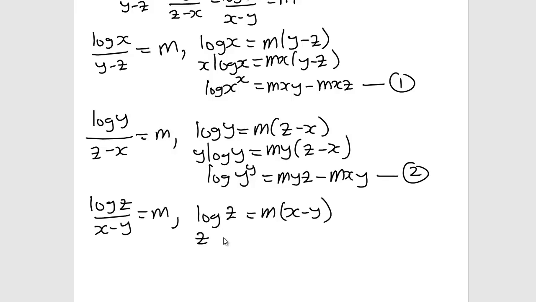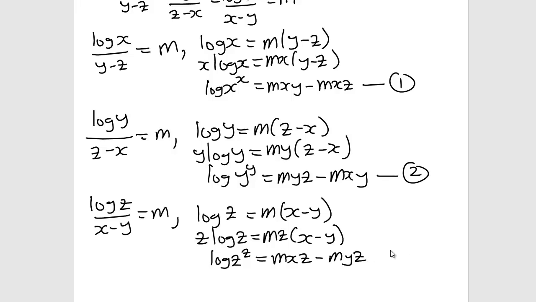So multiplying through by z, you are going to have z times log of z equal to m times z into x minus y. Now you are going to have log of z to the power z equal to mxz minus myz. So let's call this equation 3.